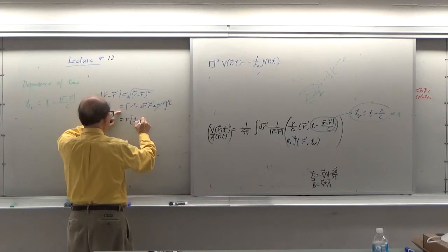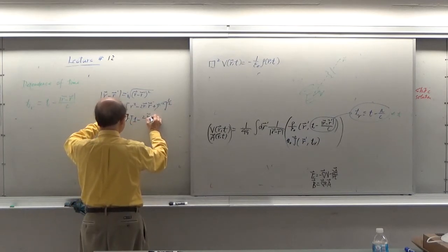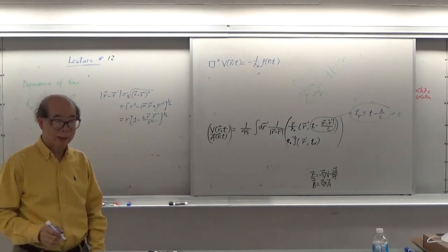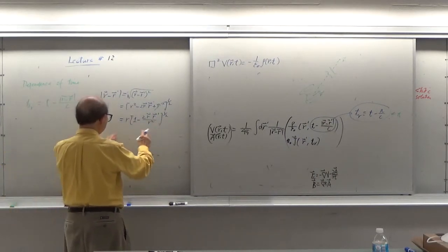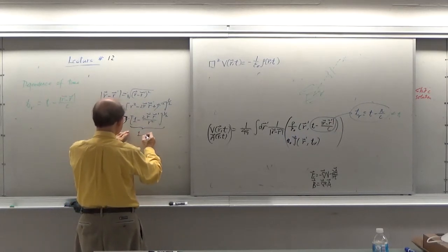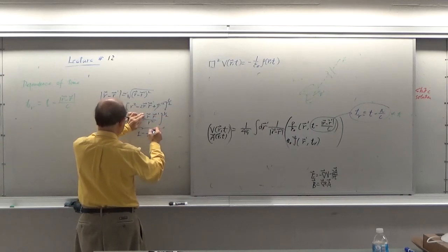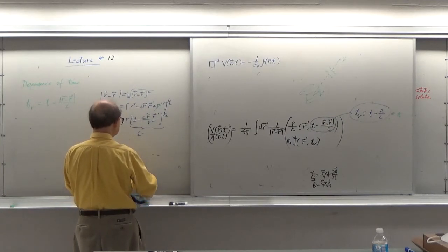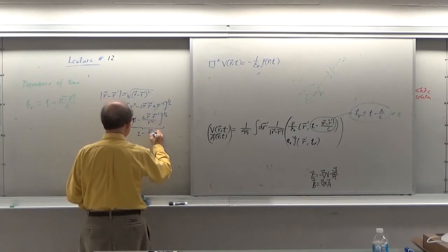This will be 1 minus 2R dot R prime over R squared, to the 1/2 power. And the Taylor expansion for the square root of 1 minus something small compared to 1 is nothing but 1 minus 1/2 of this, which is 1/2, cancel out 2, R dot R prime over R squared.